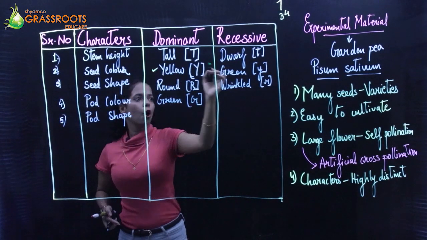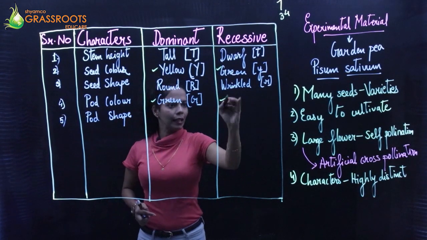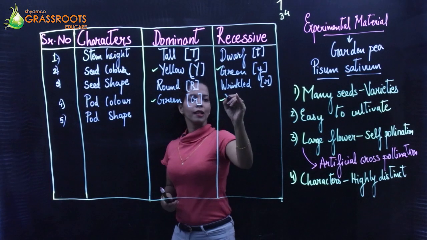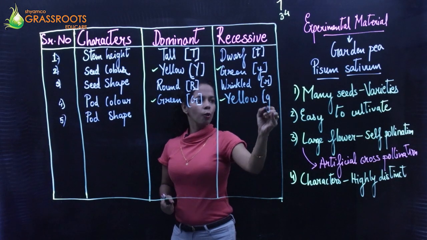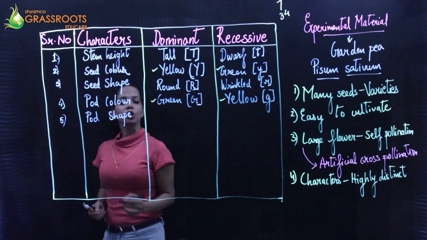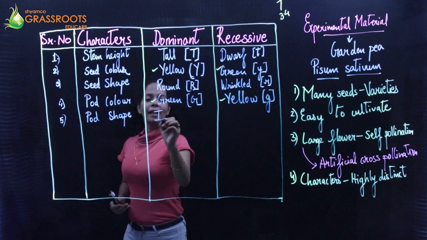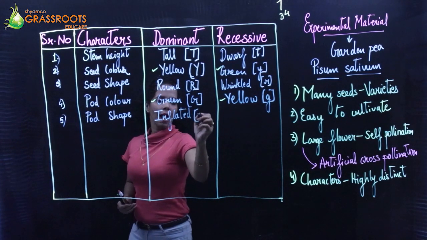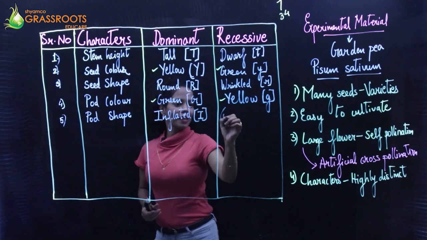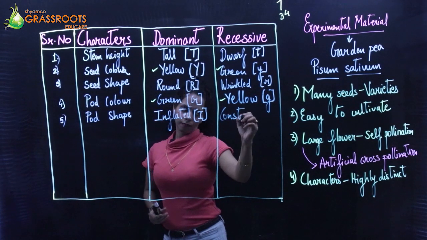Look over here: yellow, green, green, yellow. Fine. So green is dominant, yellow is recessive, small g. Fine. Pod shape: inflated and constricted. Inflated is capital I, and constricted is small i.